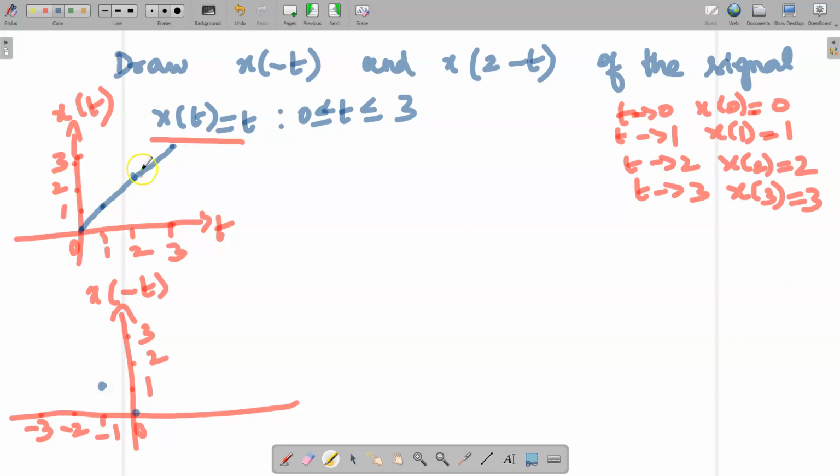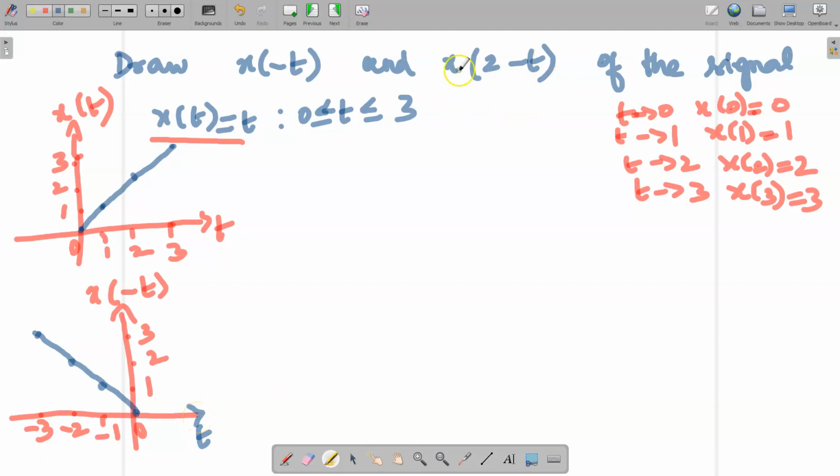At minus 2 the amplitude is 2, and at minus 3 the amplitude becomes 3. Now join all the dots. This is your time reversal signal, which is nothing but x of minus t. The x axis is t, the y axis is x of minus t.